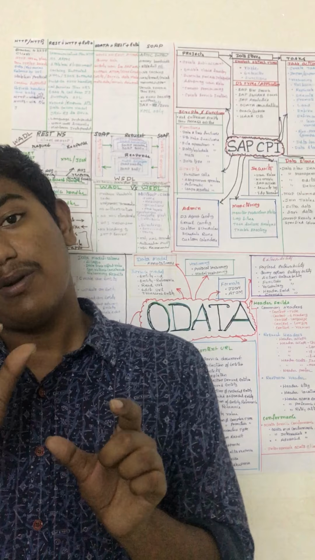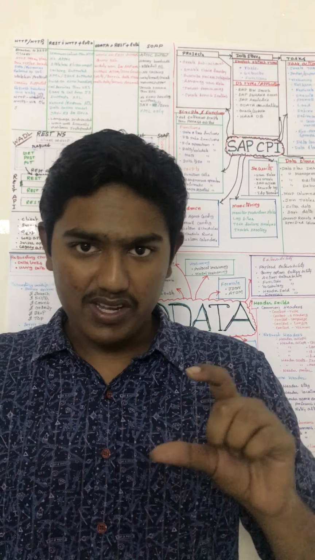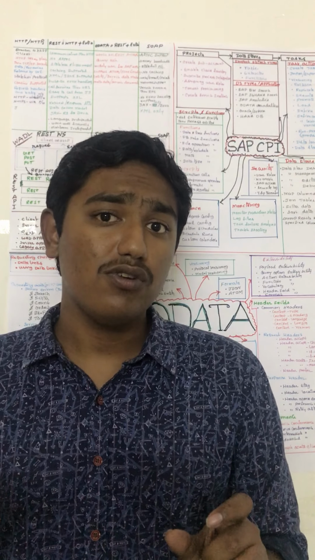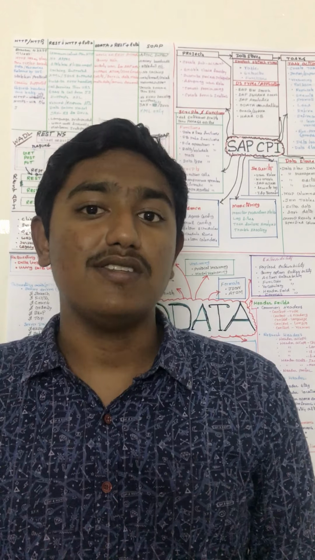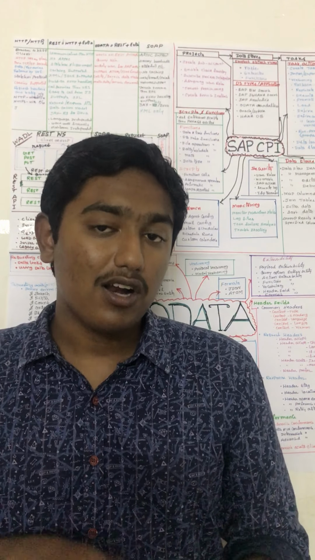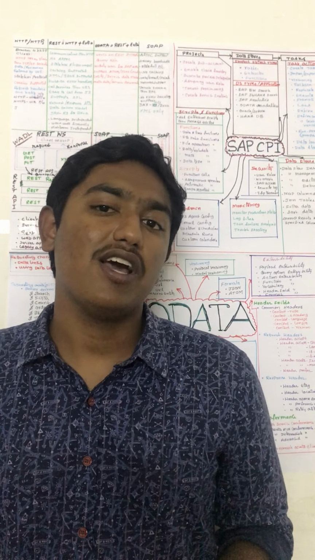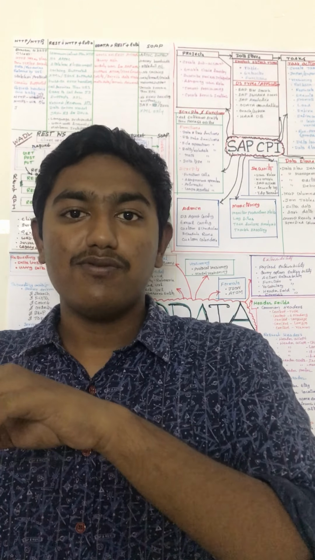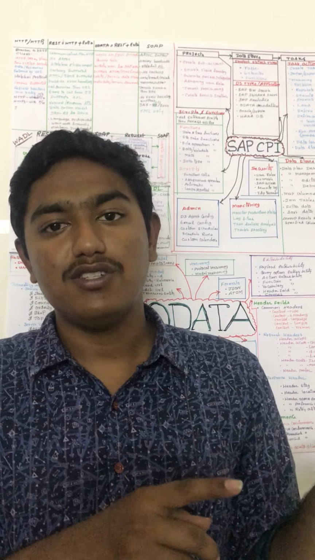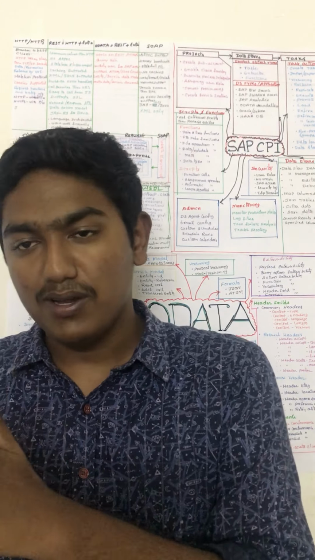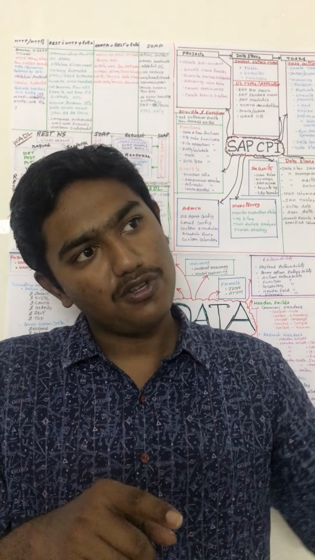Then again from CPI, the information is requested from the S4HANA database. There you will use cloud connectors, if it is on premise. Again, S4HANA sends information to CPI, then CPI sends information to CPQ.